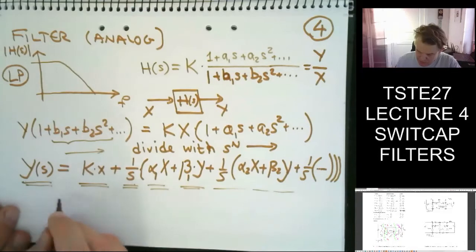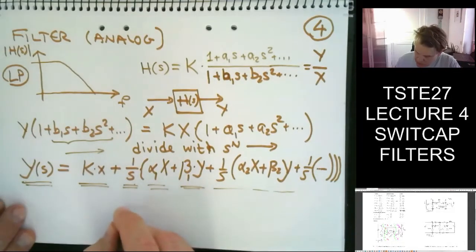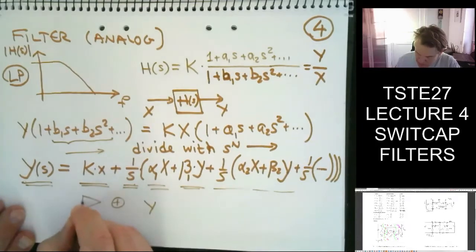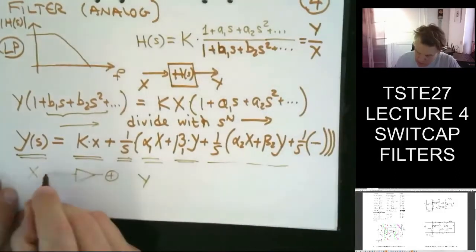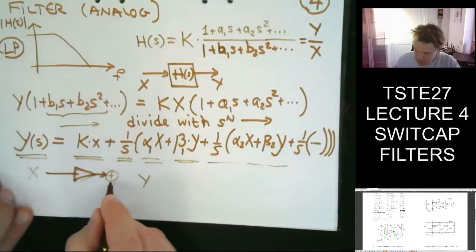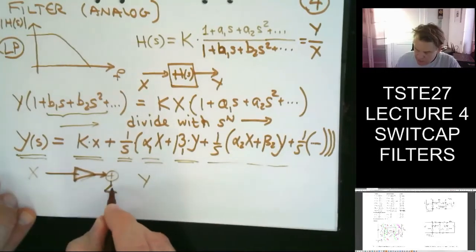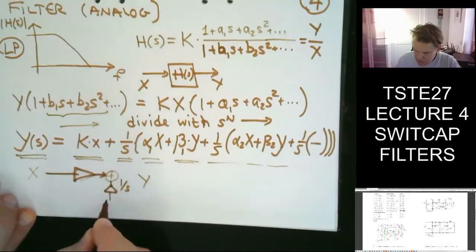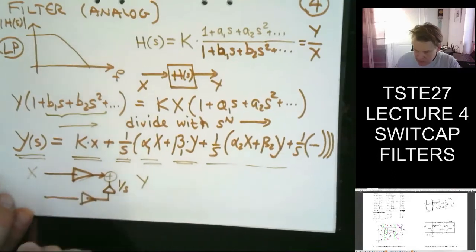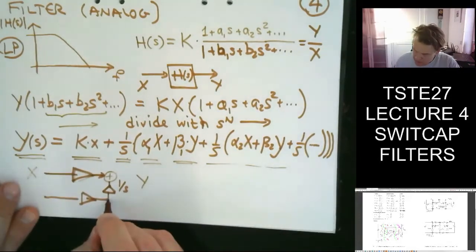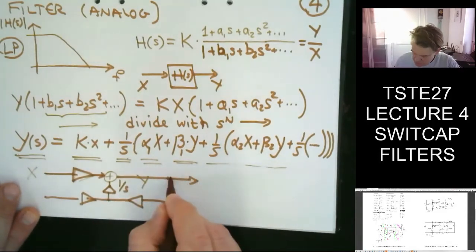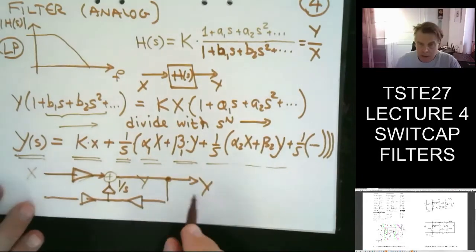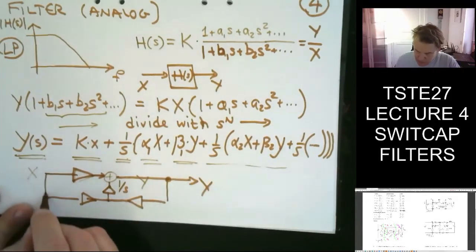Typically we say that Y is equal to an amplification of X like this, plus an integration, 1 over s, where I pick another replica of X and a replica of my output Y, like this, and then it just continues more or less.